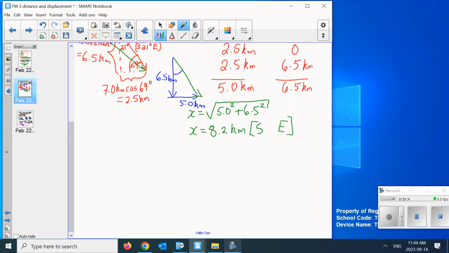So what trig function is opposite and adjacent? Tan. So we're going to use the inverse function of tan.